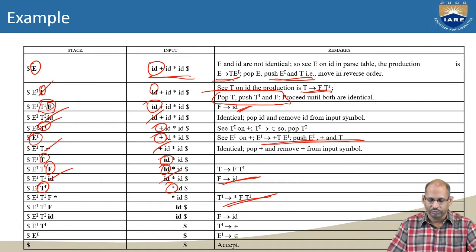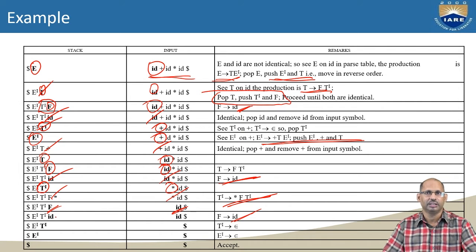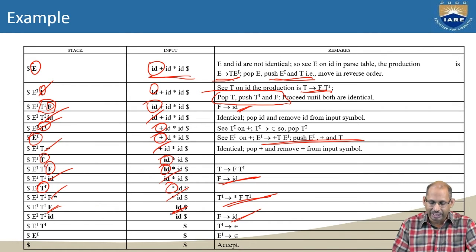Right? So here we pop T dash and store multiplication FT dash. Then multiplication is removed. Then F and ID, which is giving F gives ID. So replace F with the ID. ID and ID simply remove.